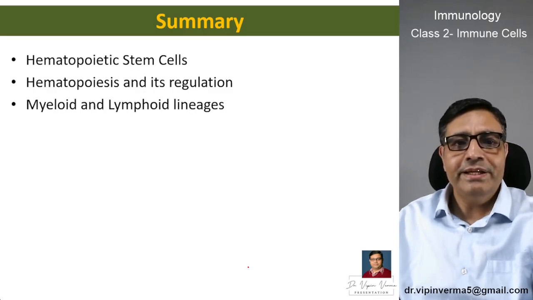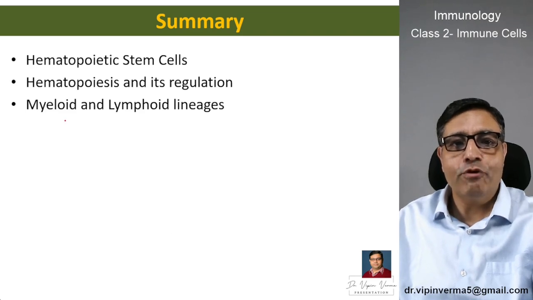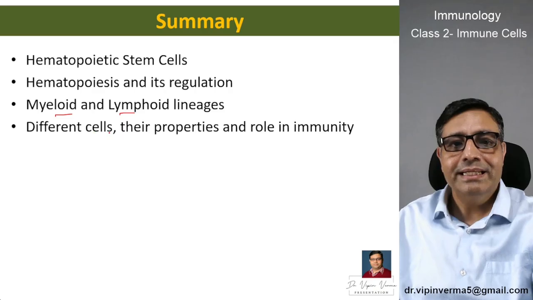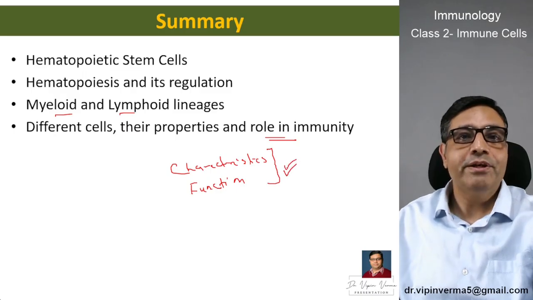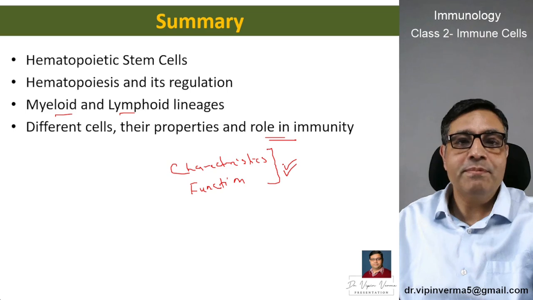And we also saw the myeloid and the lymphoid lineages and the cells, their properties and their role in immunity. So basically we covered the immune cells, their characteristics and their functions, because in our future discussions these will be of use, and we will keep coming back to the functions they produce when we study the immune responses in future classes.